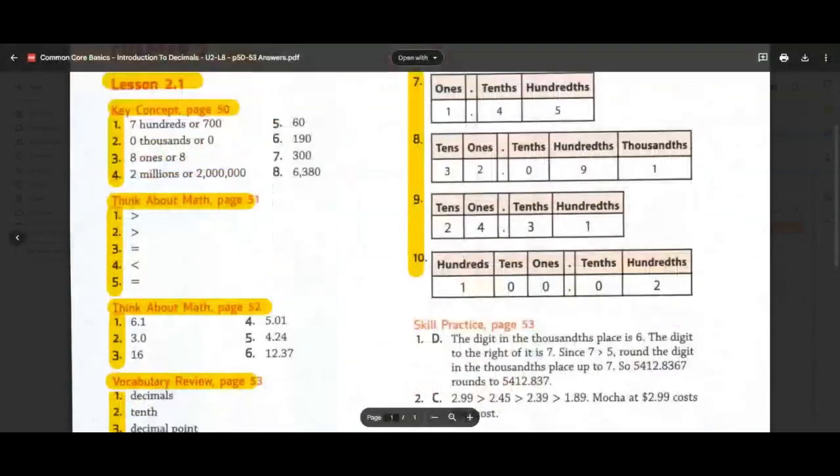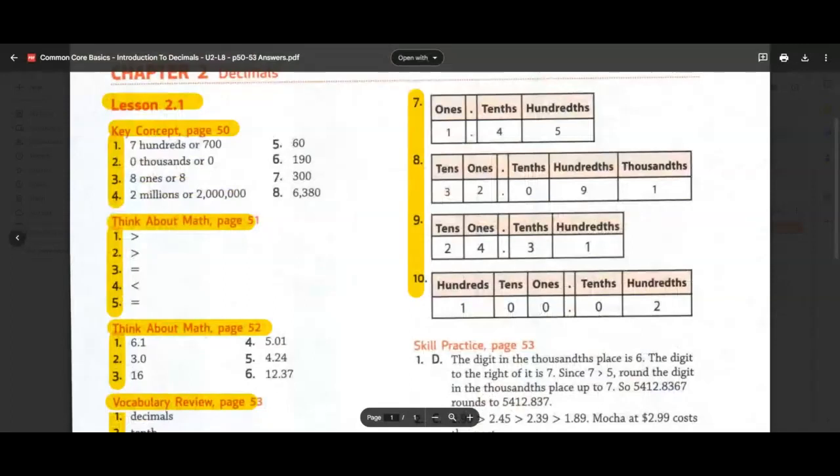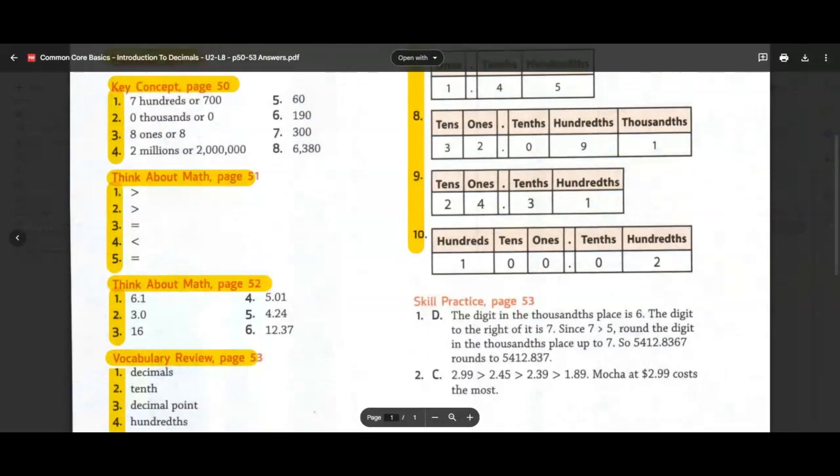Then up here, 7 through 10, they were asking you basically to name each of the decimal, each place value. And then I don't have it marked, but these were the last two problems, the multiple choice questions.